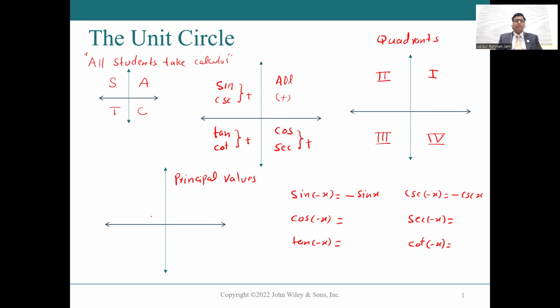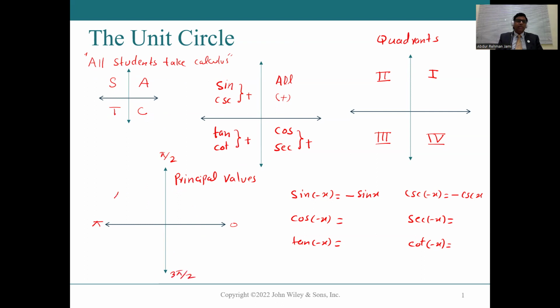Then next we need to know the values of angles in different quadrants, because this quadrant is less than pi. The pi angle is over here. This is 0. This one is pi by 2. And this one is 3 pi by 2.